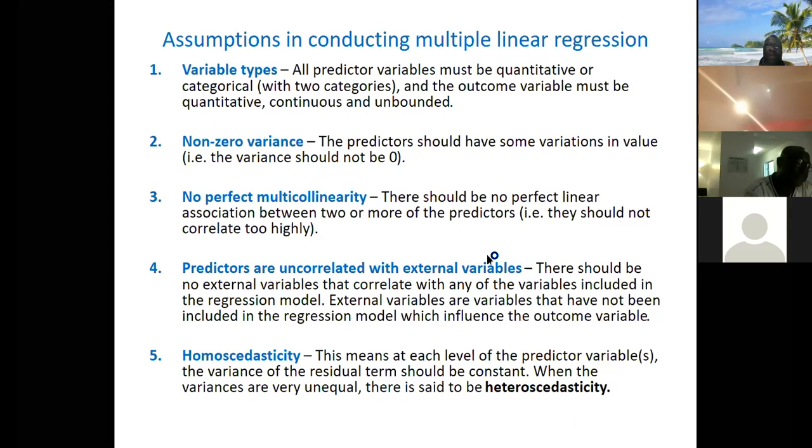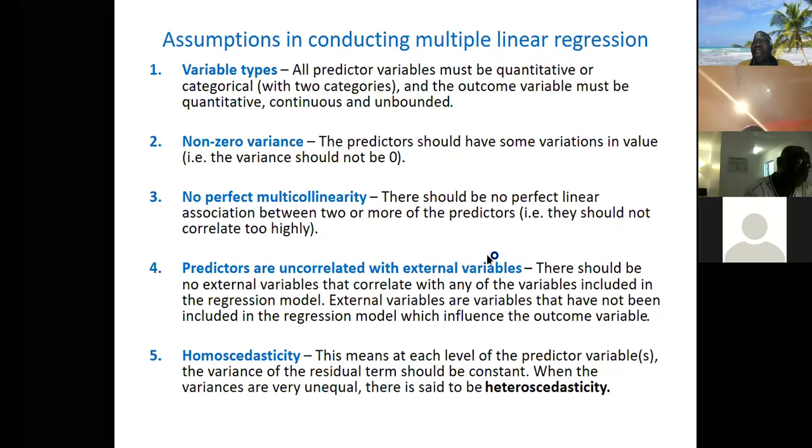If you are using categorical, that is the logic behind creating dummy variables. What the regression does is create two categories, 0, 1, 0, 1. Then non-zero variance: the predictor should have some variation in value.